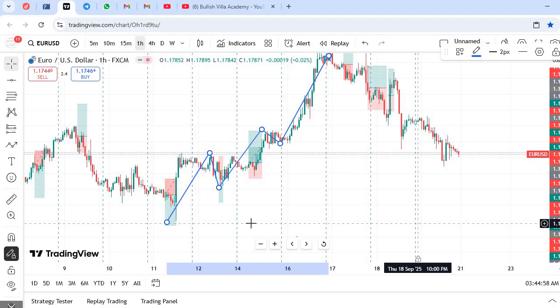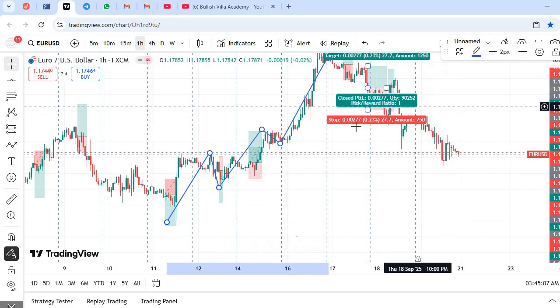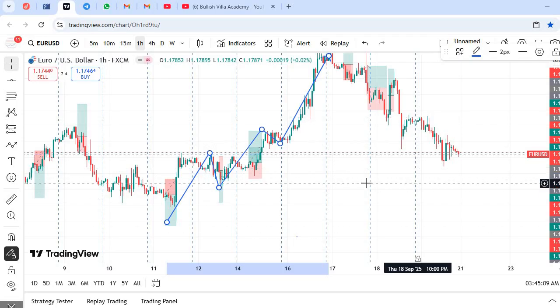So on the 15th, when the market opened, 14 night to 15 morning, I was expecting that the trend was going to continue in an uptrend, you understand? So I was looking for buying opportunities.